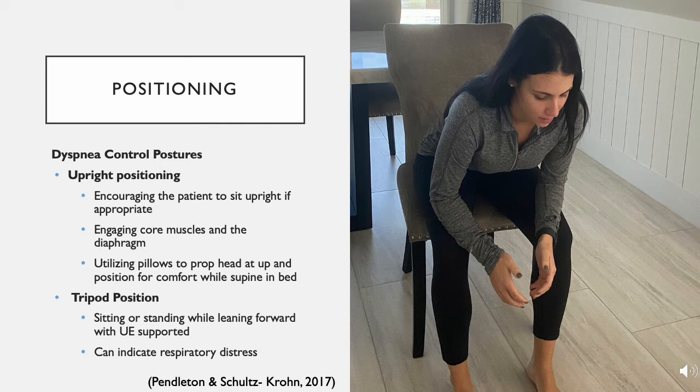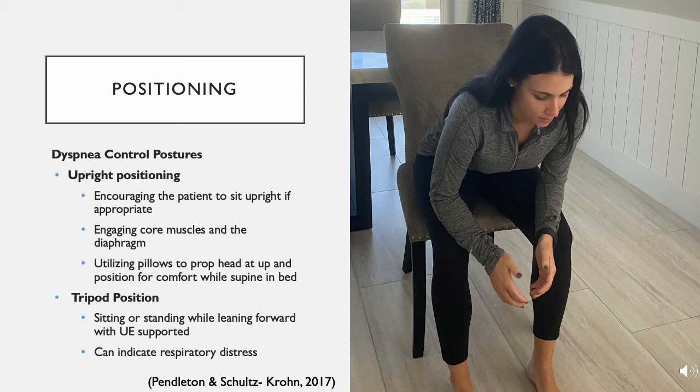However, if they are lying in bed, we want to prop their head up and position them for comfort while they are lying down, so their airway is cleared and they are able to use those abdominal muscles to help them breathe.